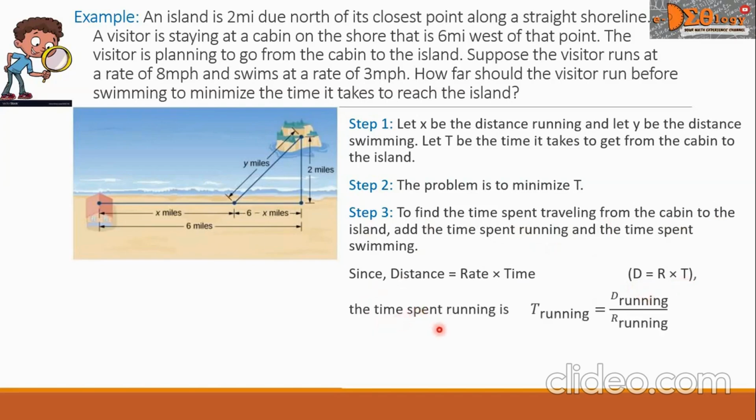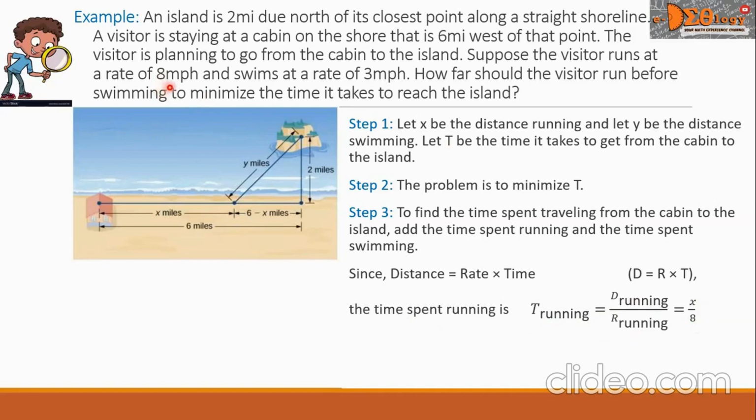We write here that the time spent running is capital T sub running equals D over R, D sub running over R sub running. So the value here is x over 8, where the 8 miles per hour is given in the problem.